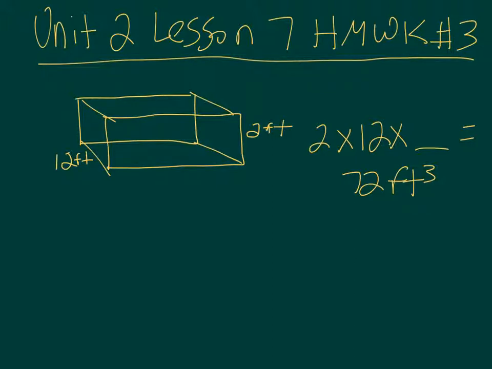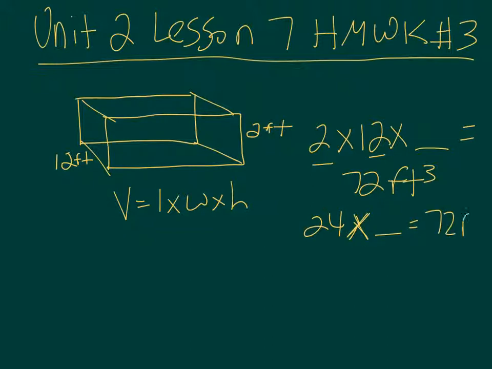So using the formula of volume equals length times width times height, we must do 12 times 2, which is 24, times whatever the length is going to be, and we know that the whole volume is 72 feet cubed. So we must fill in the blank.